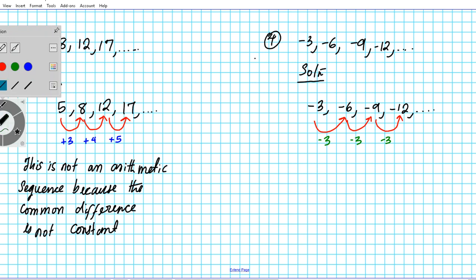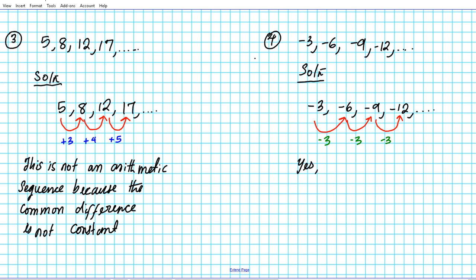This is definitely an arithmetic sequence because the common difference is constant, the difference between any two consecutive terms. Alright? So our answer is yes, it is an arithmetic sequence, and the common difference given by the letter D is equal to -3. Alrighty?